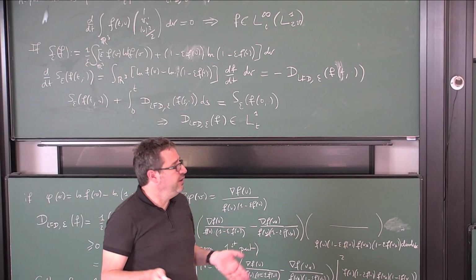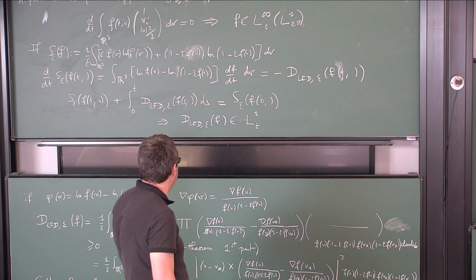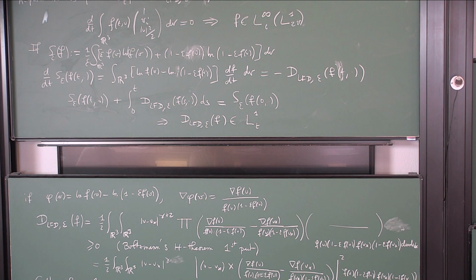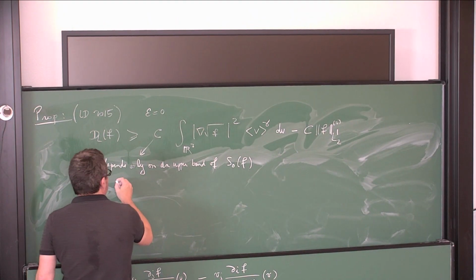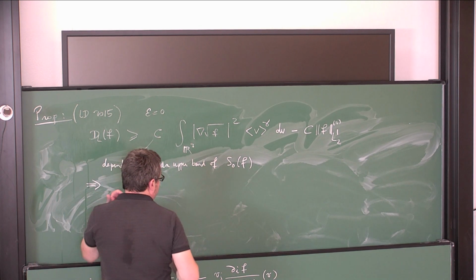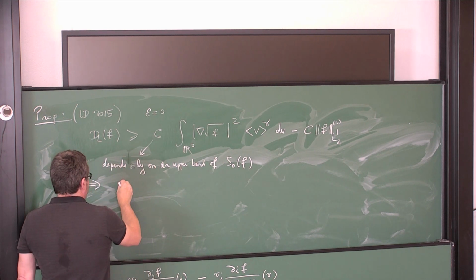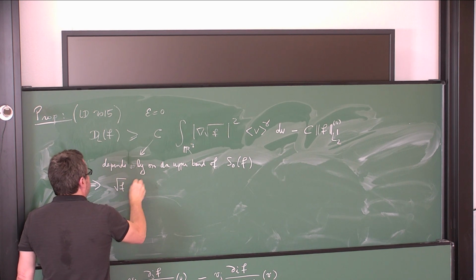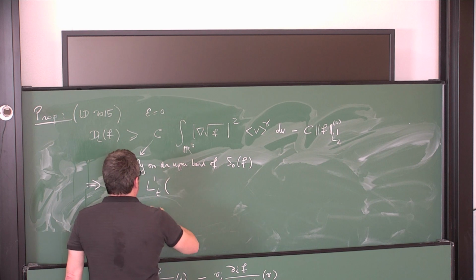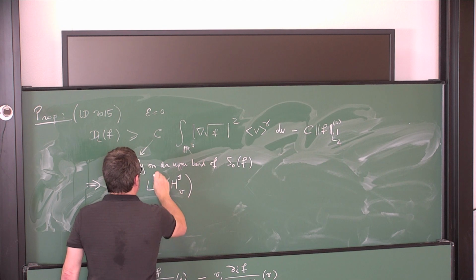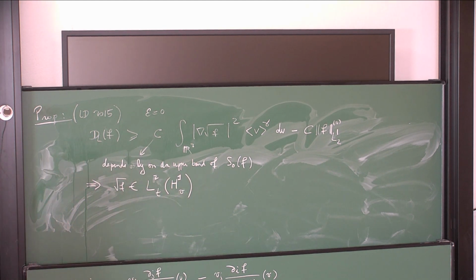So what does this tell? Basically, it tells you that because of this, you have an extra a priori estimate for the equation, at least in the Landau case. Using a Sobolev embedding, let's first say that square root of f is in L2 in time with value in H1 in V. This is a direct consequence of this.